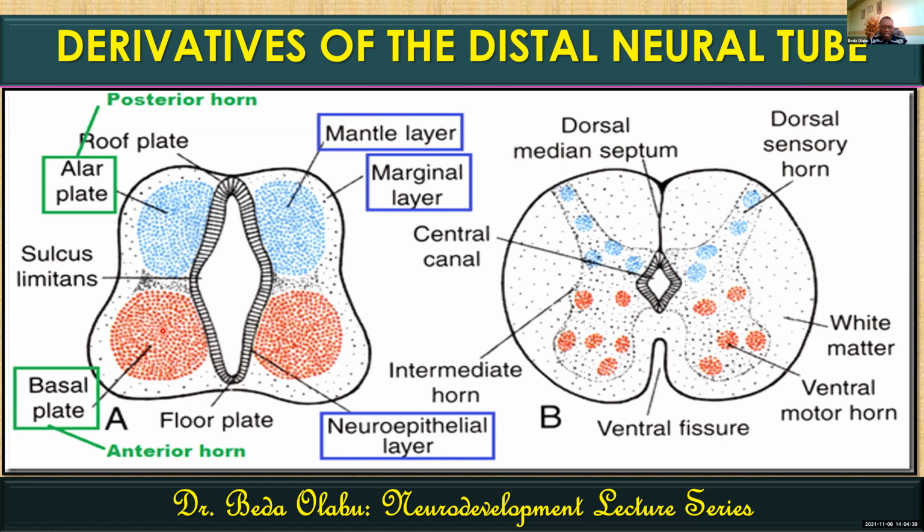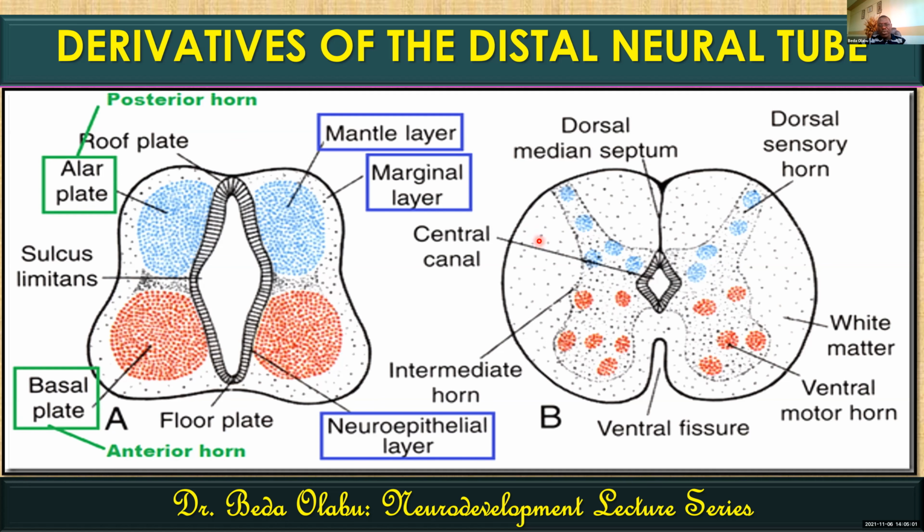Let's keep the mantle layer a bit and talk about the marginal zone. The marginal zone contains axons of neurons. Because they contain axons of neurons, the marginal zone becomes the white matter of the spinal cord.